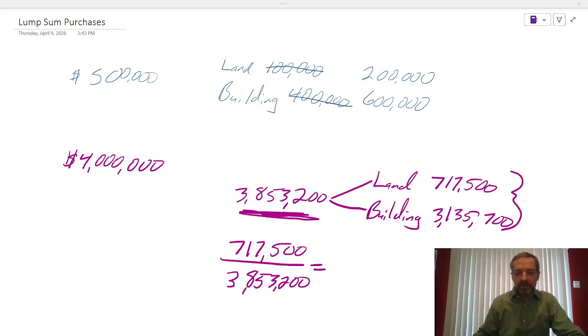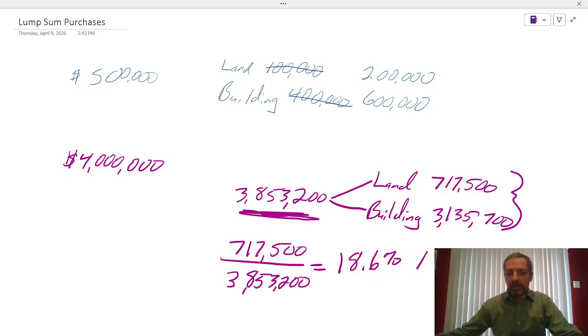So if I just punch that into a calculator, I'm going to round it a little bit, 18.6%. Which would mean the building is the difference, right? So the building would then be 81.4%.